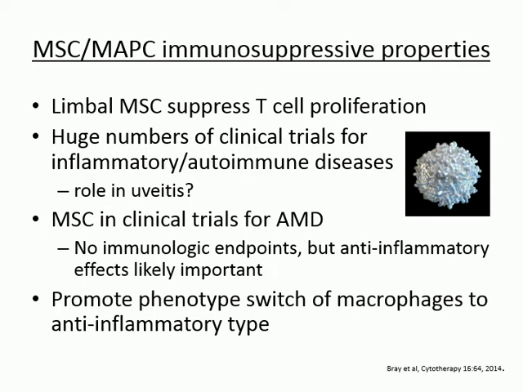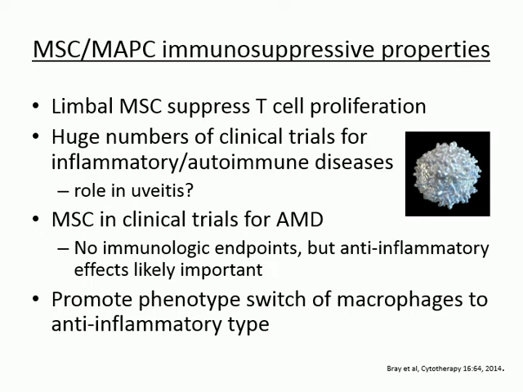And again, if you look in clinicaltrials.gov, MSCs are being used for hundreds of different diseases because of the common inflammatory drivers of a lot of disease. And they're also being used for lots of autoimmune disease, in part because of this observation that they suppress T cell proliferation. The mesenchymal stem cells are certainly reaching clinical trials for AMD as well.